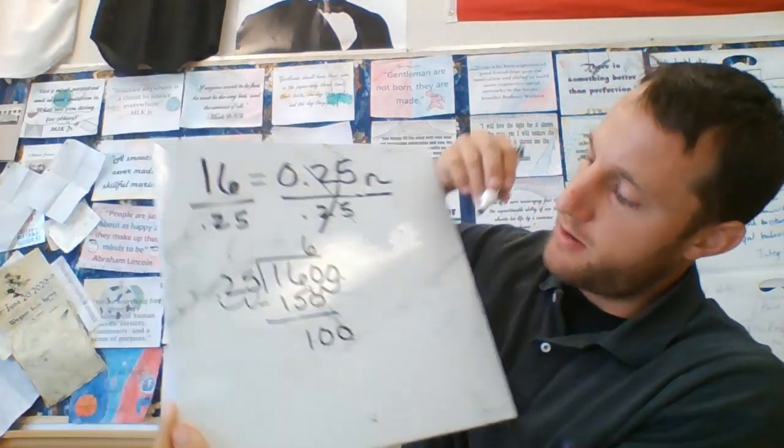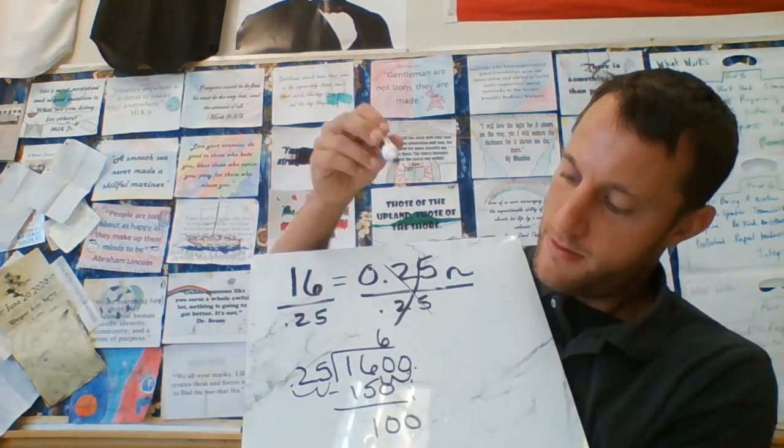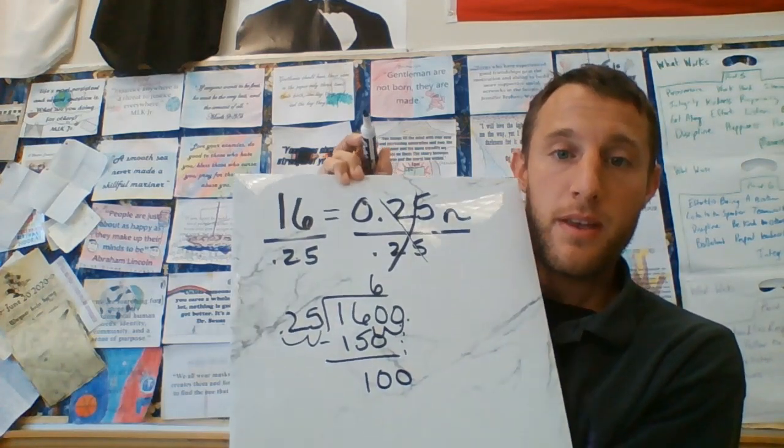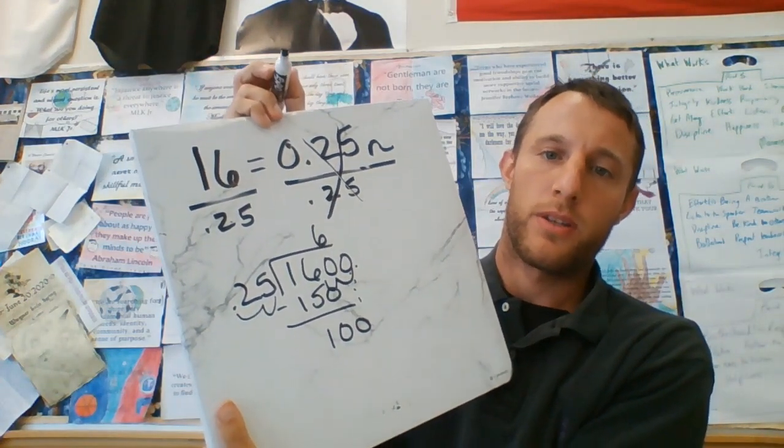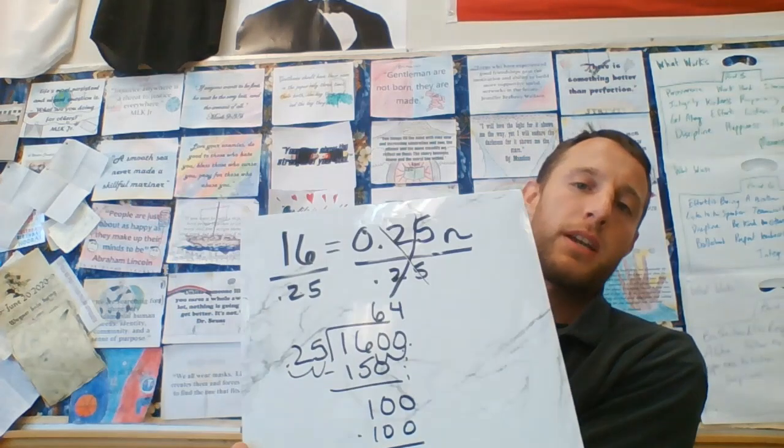What's left over is 10. I bring down this 0. You guys can see that. Okay. And now I think how many times does 25 go into 100? Well, that is 4. And look at that. It works out nice and neatly.